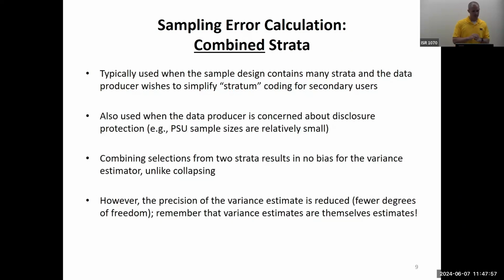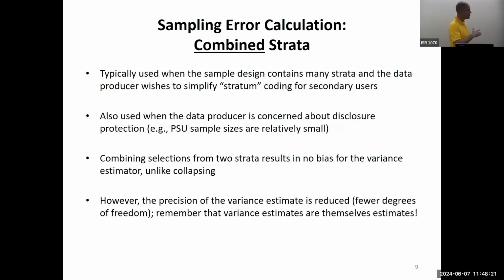Now that's collapsing. Another thing that data producers might do is combining strata. It's similar in spirit. This happens a lot when the sample design contains many strata and the data producer wants to simplify the stratum coding, so they do not have as many different strata, depending on what the analysis needs might be. This also happens when the data producer is worried about disclosure protection.